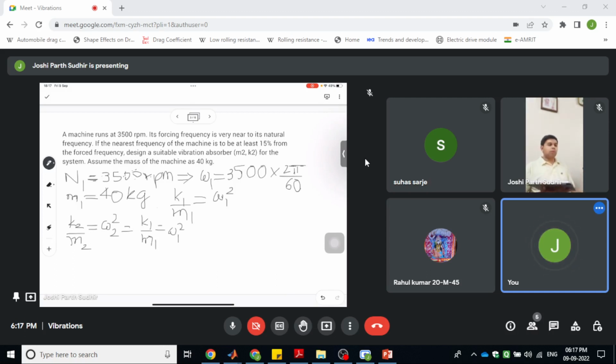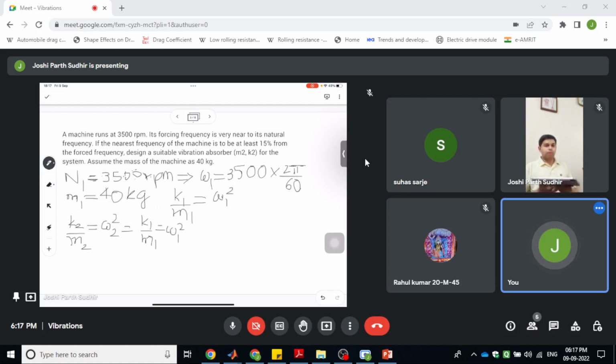This is true for the undamped vibration absorber. Using the fact that omega 1 square is equal to omega 2 square, we have to find out K2 and M2.